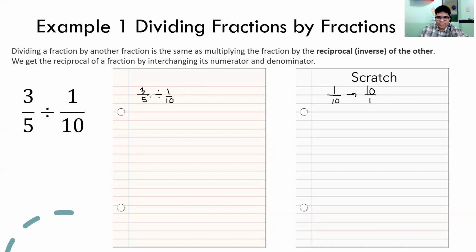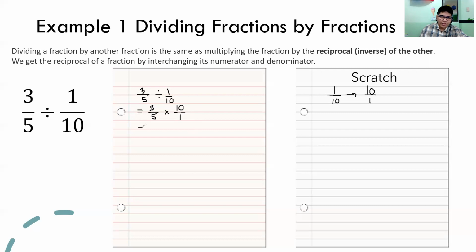Okay, once you reverse it, this division will become multiplication. So it will become 3/5 times 10/1. Okay? So now it's just a multiplication problem.